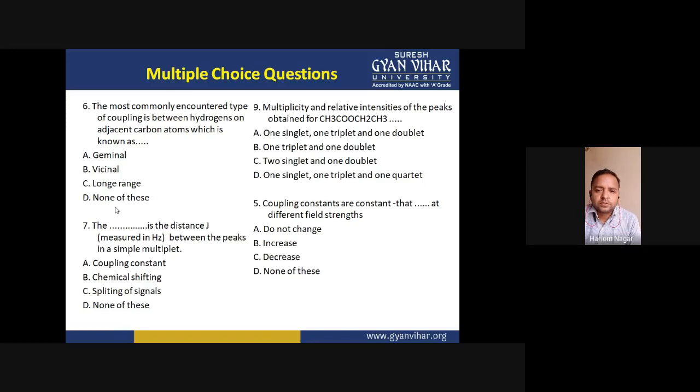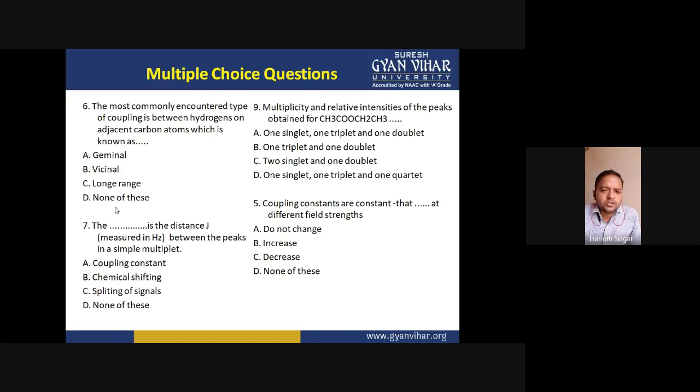Now question number 7: the dot dot dot is the distance J, measured in hertz, between the peaks in a simple multiplet. So the distance between two adjacent peaks is called the coupling constant, chemical shift, splitting of signal, or none of these.